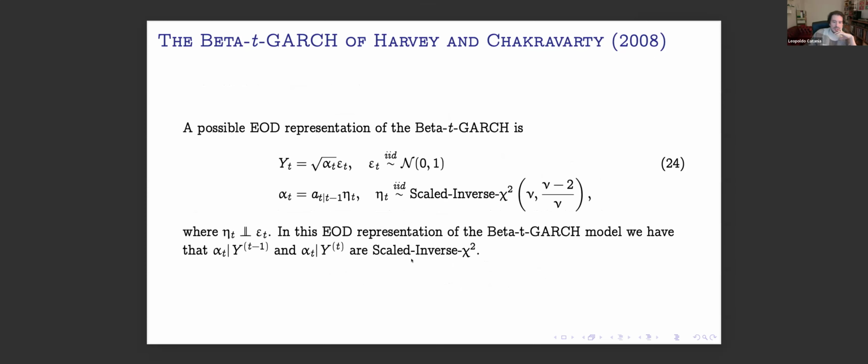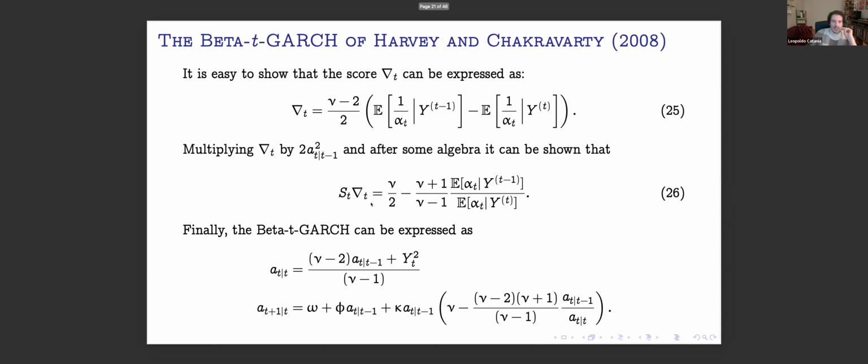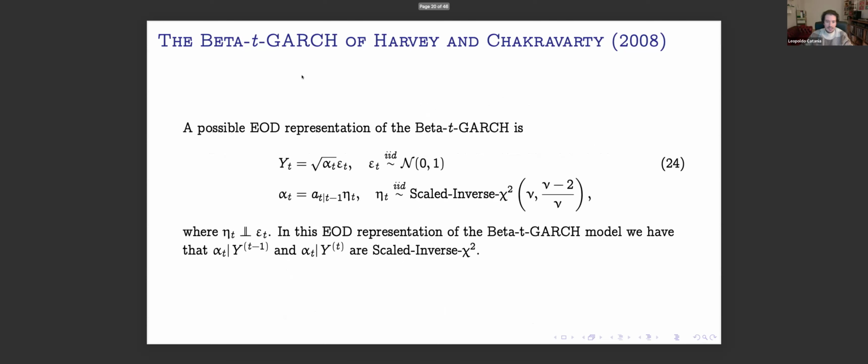Okay, let's do that. We just rewrite the model in this way, as I did before for the t-GARCH. And then after a bit of algebra, and by exploiting the properties of the scale inverse chi-square, in this specification of the model I can easily compute the predicted and filtered densities of alpha_t.